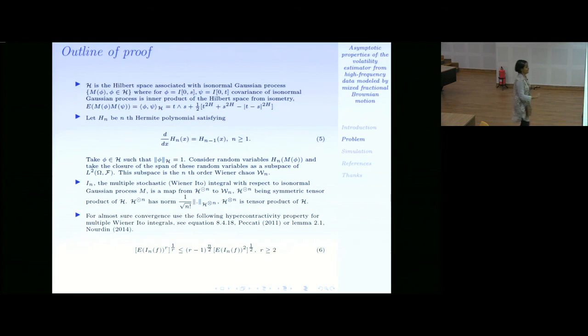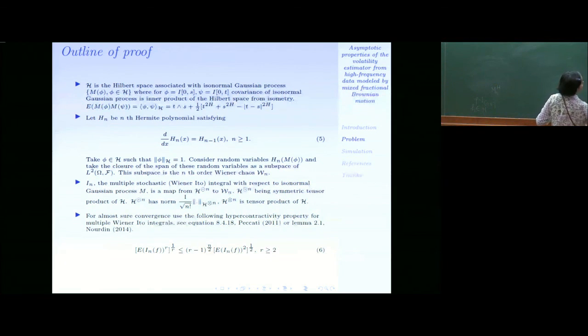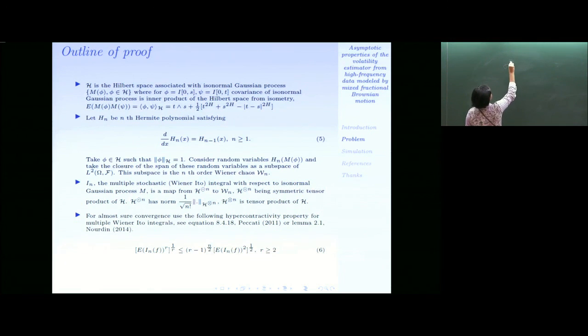Next thing, we have indexed the process first. Then the next part is that we want to write this as what we call a multiple stochastic Wiener-Ito integral. So what is this multiple Wiener integral?